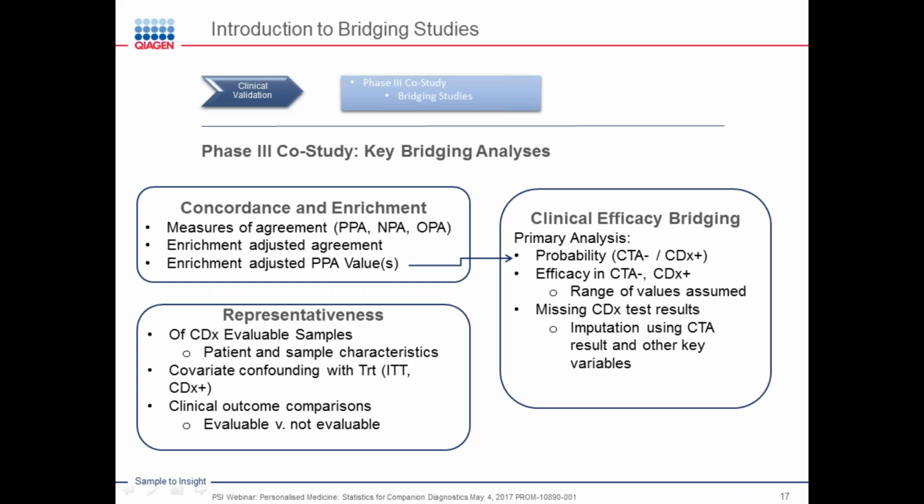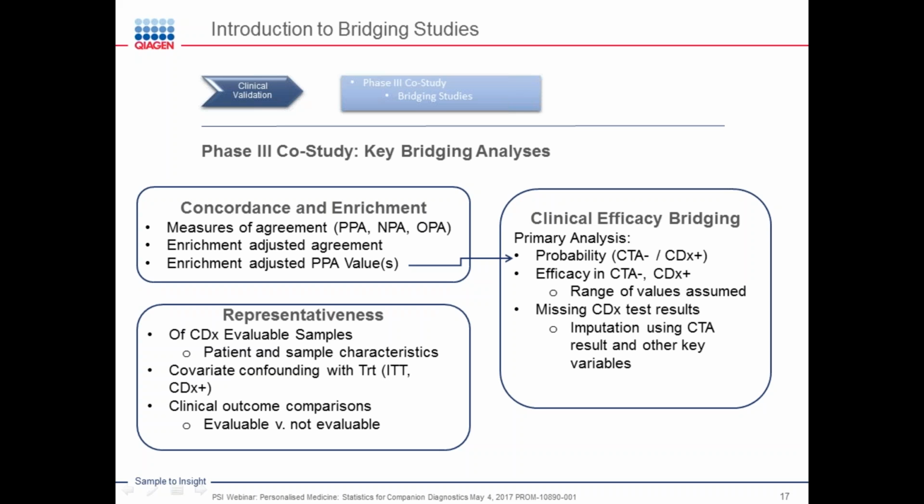We'll conduct representative analysis to illustrate that there's not been any issues with bias that have crept in through availability of non-representative samples in some way. And there are a few different sections to that analysis that you can see within the box on the slide there. And then there's a clinical efficacy bridging analysis.